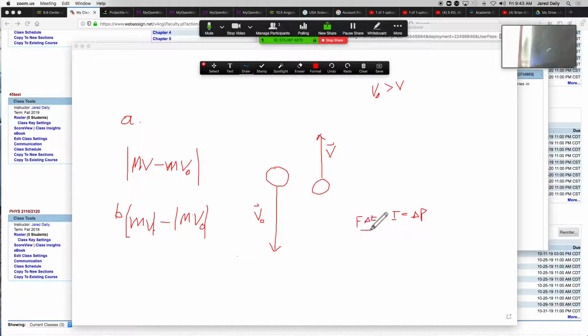So whatever your force times delta t is, which in this case is our area, is equal to mass times velocity final minus mass times velocity initial. And in this case, since it starts at zero velocity, it's just this equation right here. The area equals the mass times velocity. So you divide your area by the mass and you get your velocity. You're good to go.